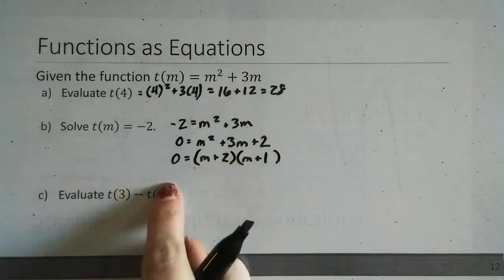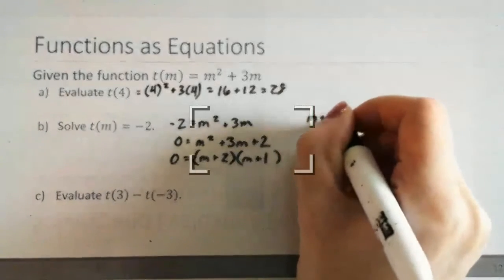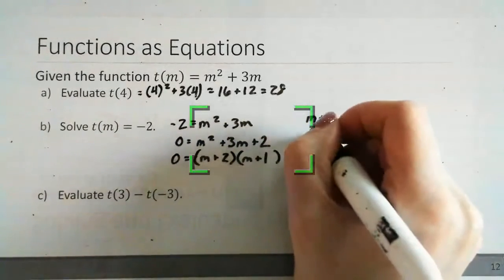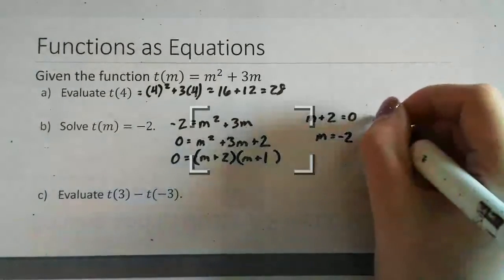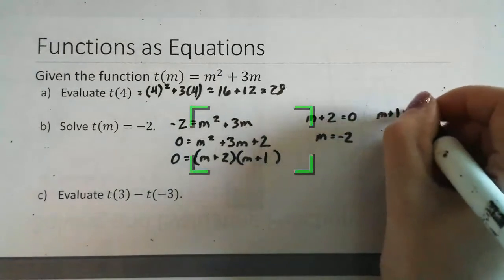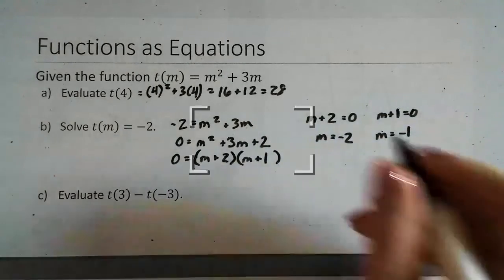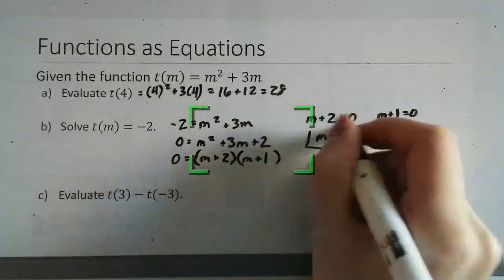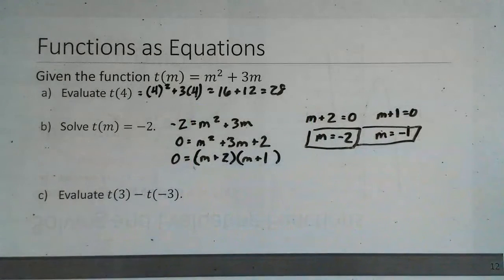Since I have 2 things multiplied together that give me 0, one of them must be 0. If m plus 2 equals 0, then we get m equals -2. If m plus 1 equals 0, then m equals -1. We get 2 solutions that work, -2 and -1.